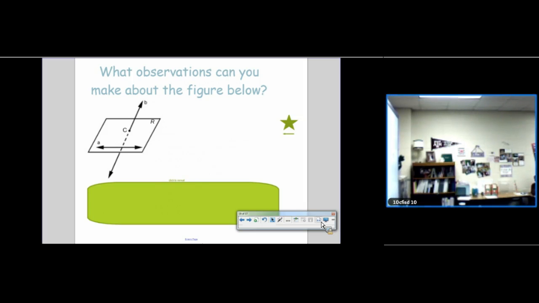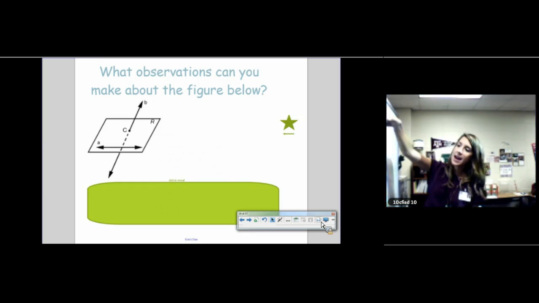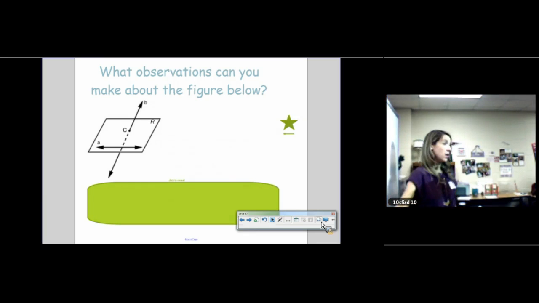Okay, very good conjecture. It's going through the plane. That line is piercing through the plane, like going through it. It's dotted because right now it's behind the plane. So when you see a dotted line, that means it's behind that figure. You can't see it, so that's why it's dotted.